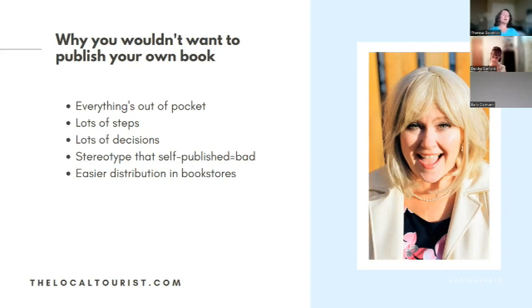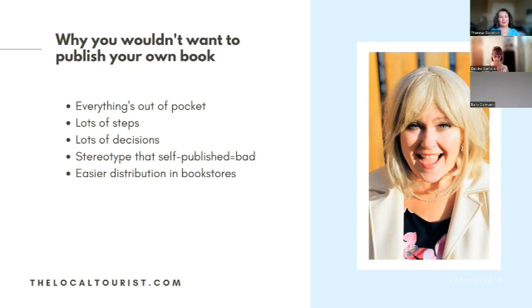If you don't want to publish yourself, if you have a publisher, there's easier distribution in bookstores. It's just much easier to get into the Barnes and Nobles, the physical retail bookstores. However, you can also be in retail stores and bookstores when you self-publish with one of the platforms that we'll go into a little bit later.